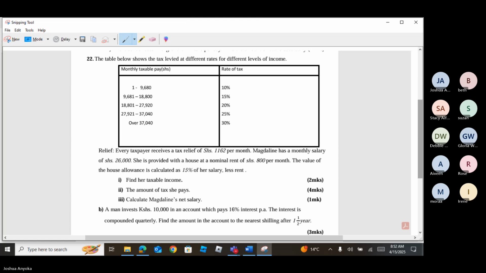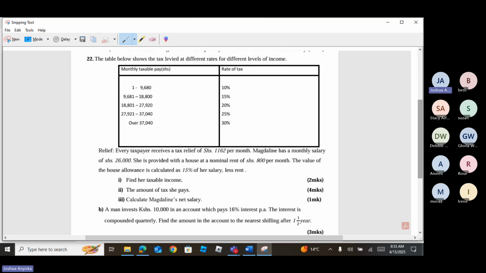I want you to take like 3 minutes. Try to think in line with what we have agreed. How possible do you get the taxable income? Only before we go to taxation, Roman 1, find her taxable income. 3 minutes.